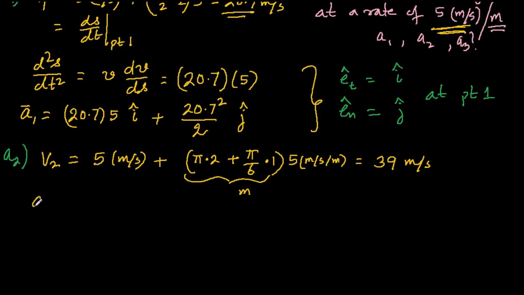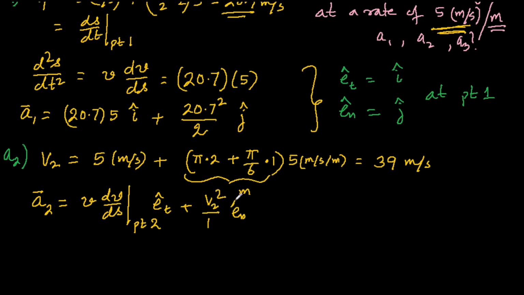Once you get that, now we are in a position to find out a2. Fine. So what would be d square s by dt square at this point? It will be v dv by ds at point 2, times et, plus this v2 square over 1, en, right?